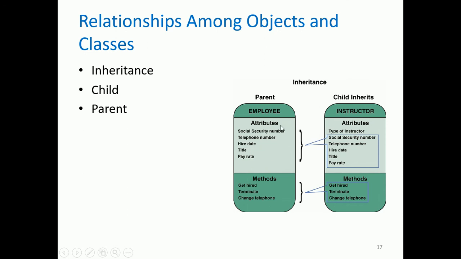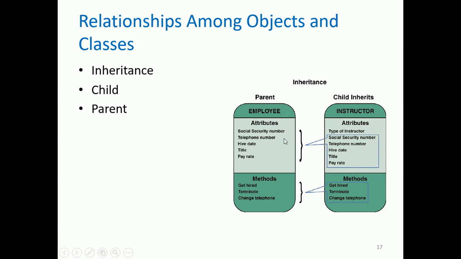Since this is a parent and instructor is the child, you can see that the instructor object inherits the attributes of the employee object. And to make the instructor different from the employee object, we have the attribute type of instructor.